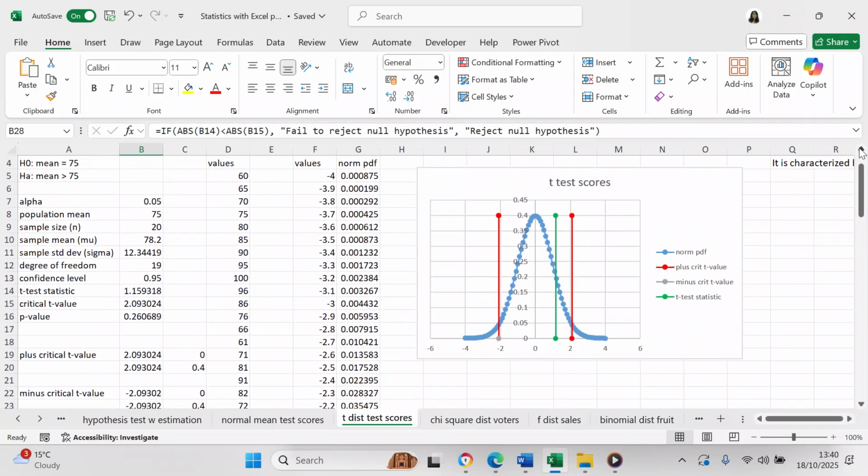And so we had to base it on a normal distribution because it's hard to do it on a t-distribution. So this is actually based on a normal distribution.